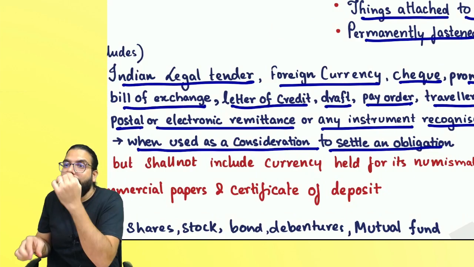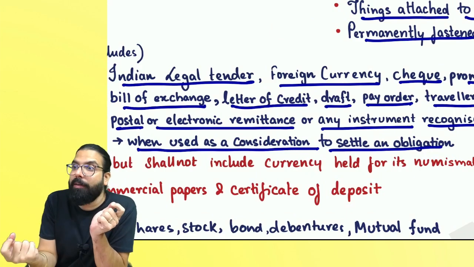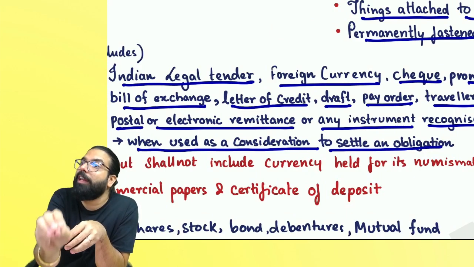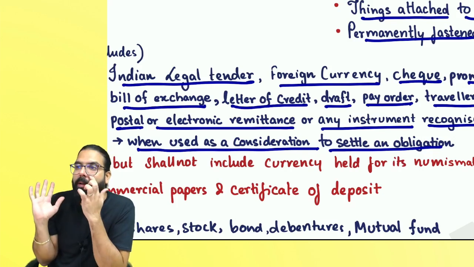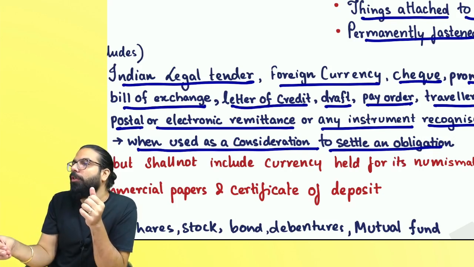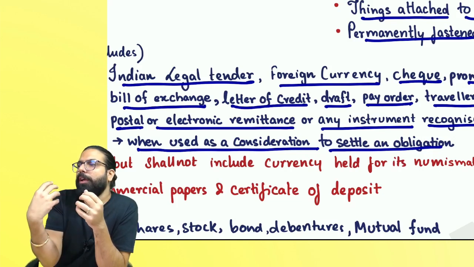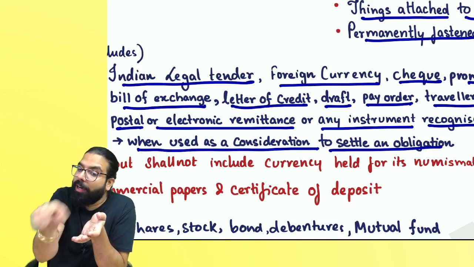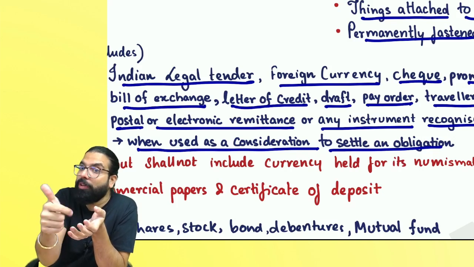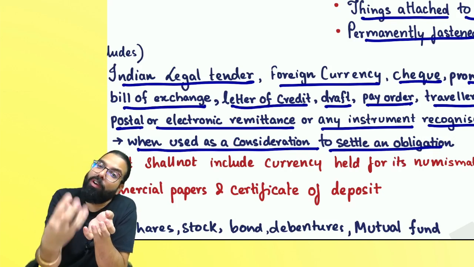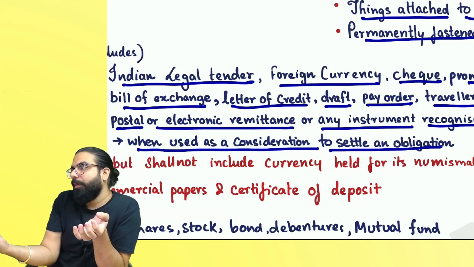If any other instrument is recognized by the RBI and can be used to settle an obligation, then that is also money. For example, supposing bitcoins are there. Is Bitcoin recognized by the RBI? No. So those are not money.